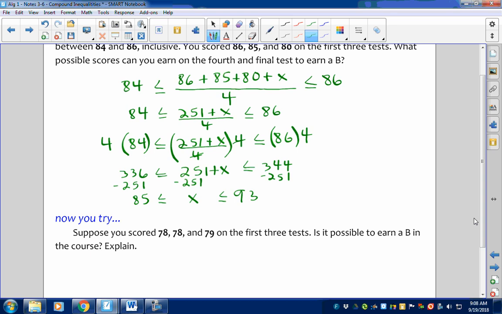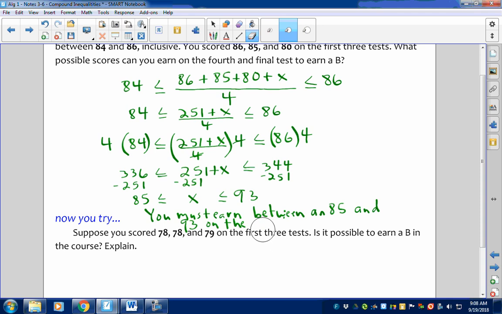So what this is saying is you must earn between an 85 and 93 on the fourth test to stay between 84 and 86 as your unrounded test average.